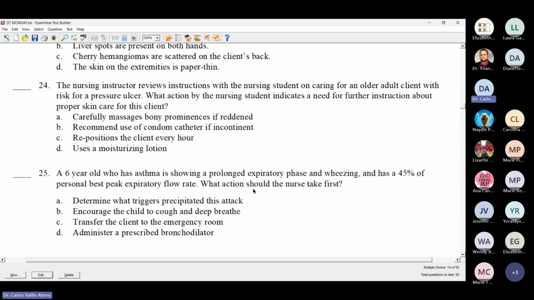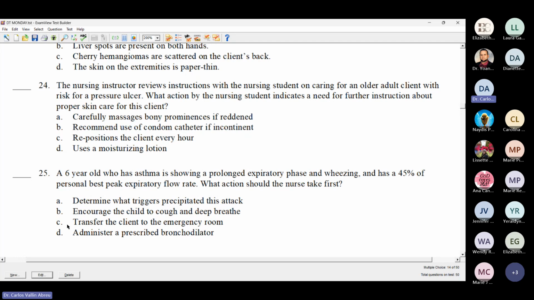And then you have two options: transfer the client to the emergency room and administer a prescribed bronchodilator. But they are asking what I do first. I hope you understand: first I administer the albuterol, because it can improve the client.